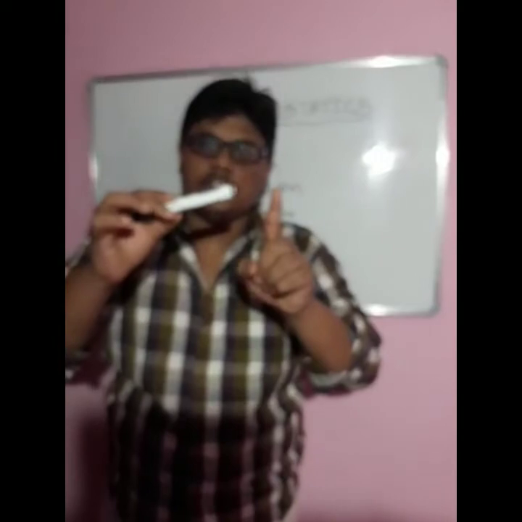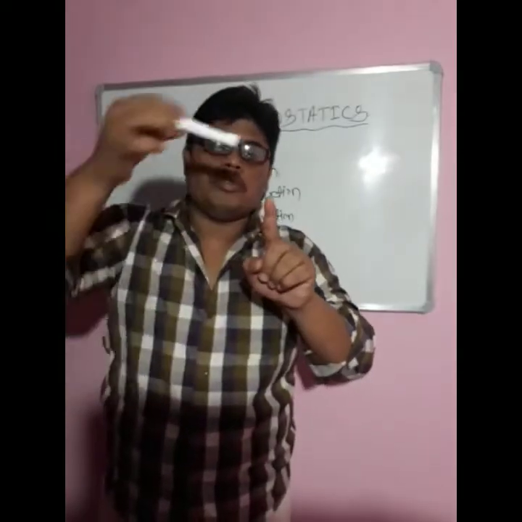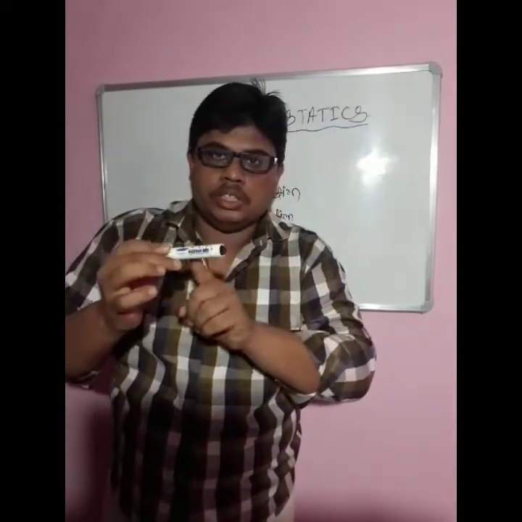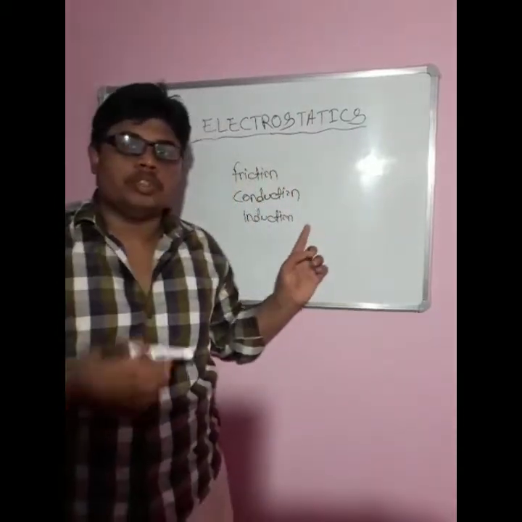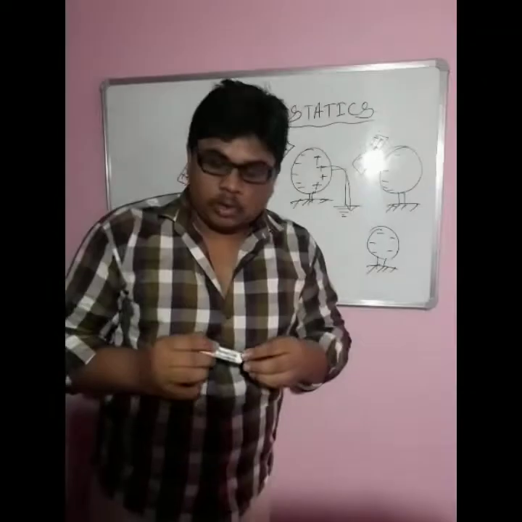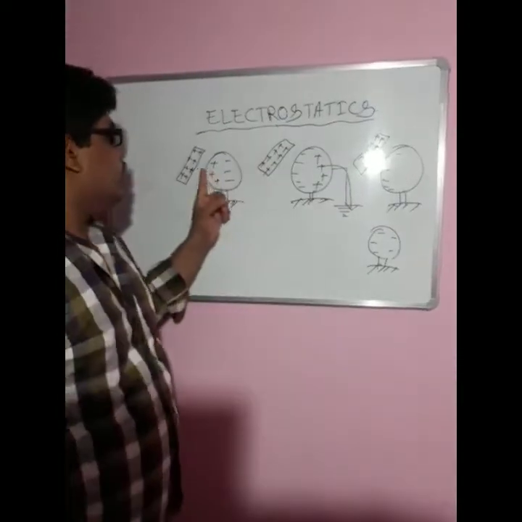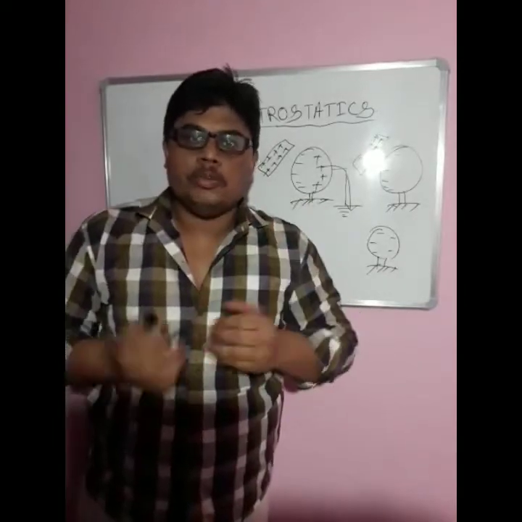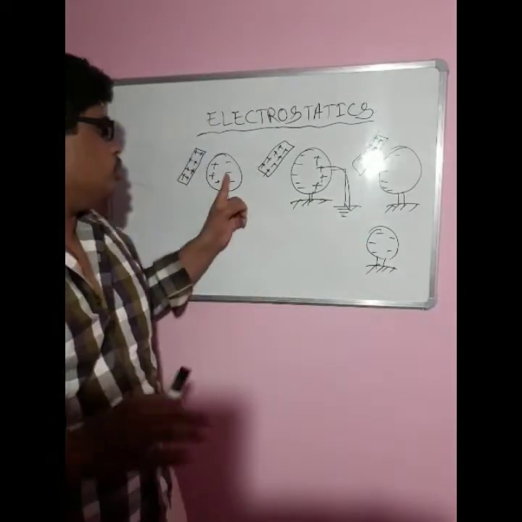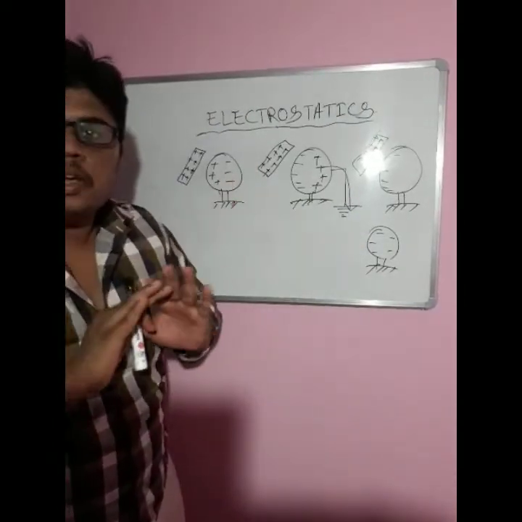If they are not physically connected, due to this, some charge is created here. That is called the induction process. See how this is. Okay, one important step. If I touch a neutral body, it cannot give me current. The current cannot flow. It means it cannot give a shock.